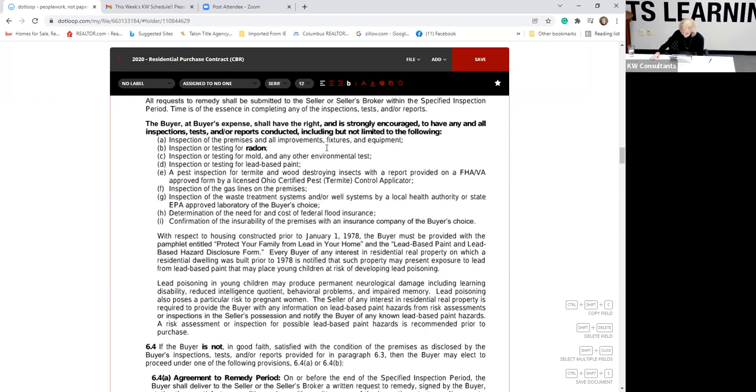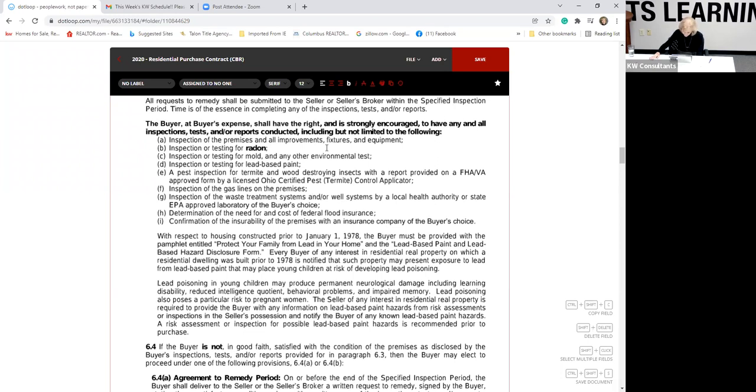Inspection or testing for lead-based paint. I've been in the business a long time and I've never had anybody do it, but if they want to have it tested, they can. That would only be applicable to a property built before 1978. A termite report, maybe.